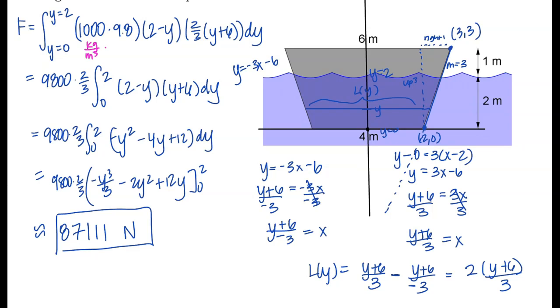Gravity is in meters per second squared. 2 minus y, that's a depth in meters. And then the length is also in meters.